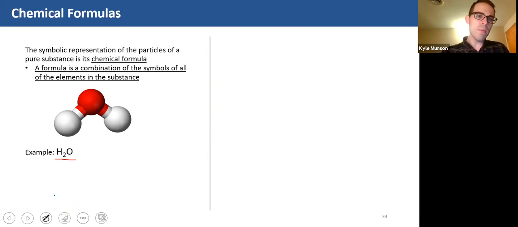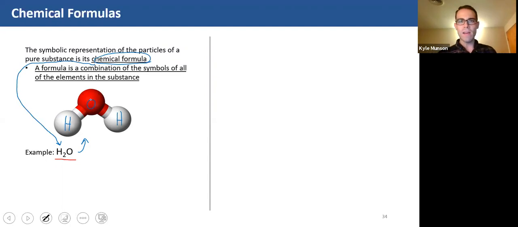And what the chemical formula is showing is that water has 2 hydrogens and 1 oxygen.